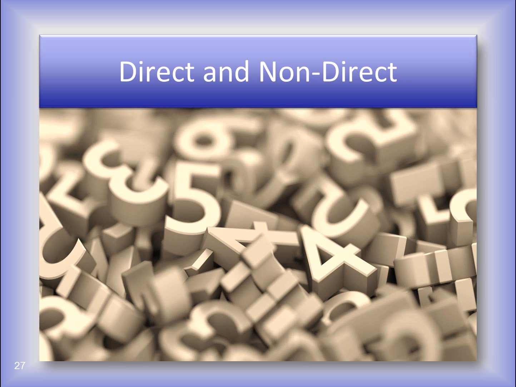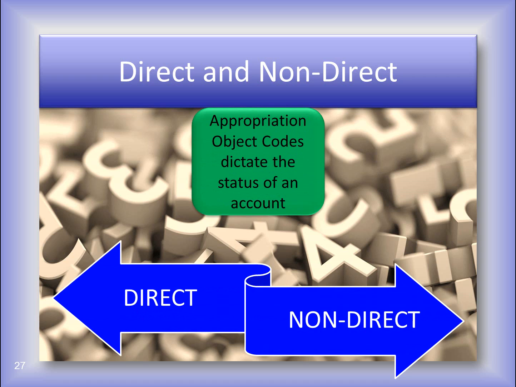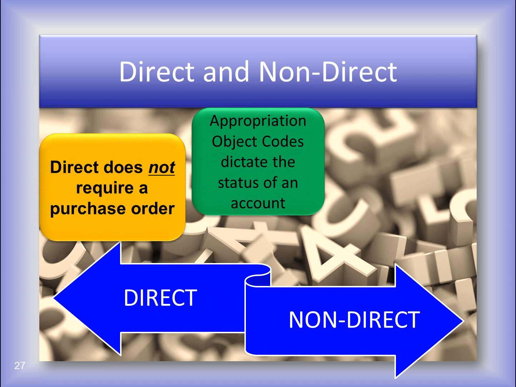Appropriation object codes also have 2 expenditure types: direct and non-direct. The Uniform Chart of Accounts Appropriation Object Codes define the status of an account. Direct accounts do not require purchase orders. Therefore, expenditures may post directly against their appropriation budgets.